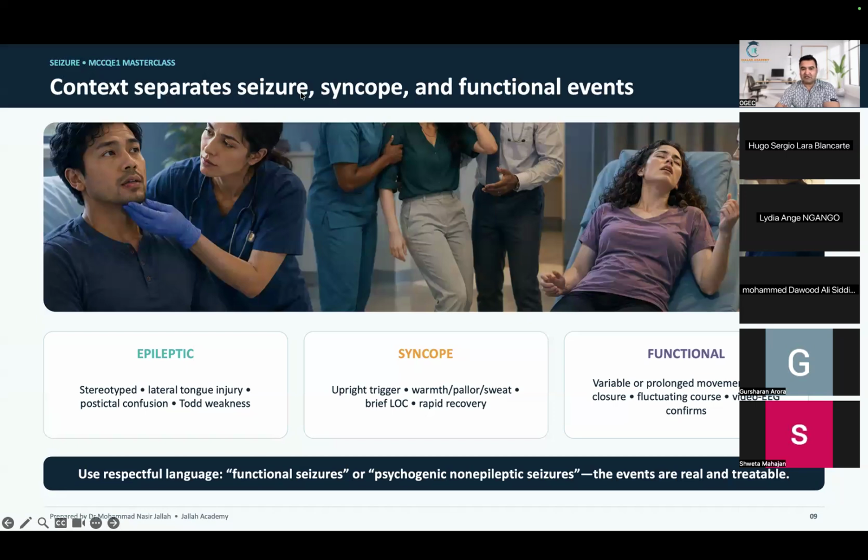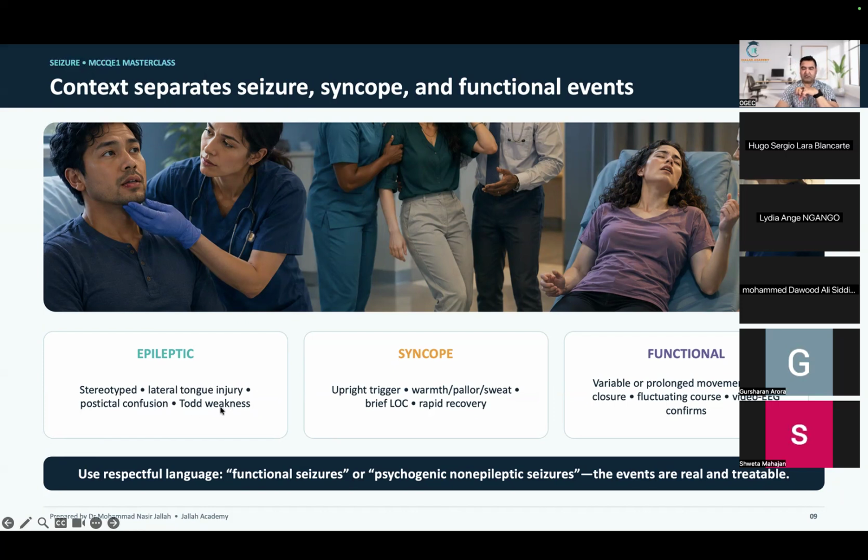Context separates seizure, syncope, and functional event. So epileptic, stereotyped, lateral tongue bite; remember, this is how we differentiate epilepsy from syncope or epilepsy from a functional event. Postictal confusion and Todd's paralysis or Todd's weakness.